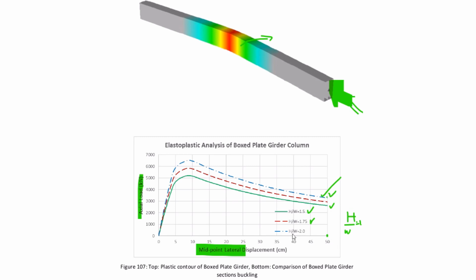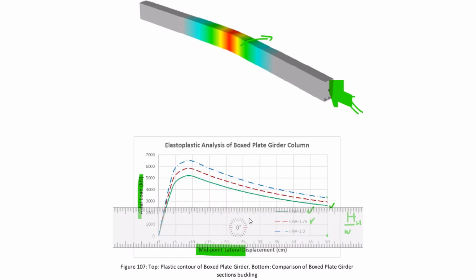So H by W ratio 2.0, you can see for 50 centimeter it's taking maybe roughly around 4,000 above. It's almost here, less than say 3,800 or something. It's coming. You can see exactly how much it's coming.